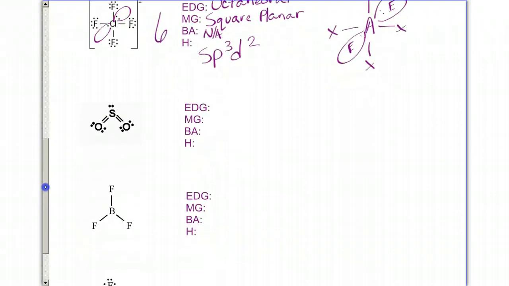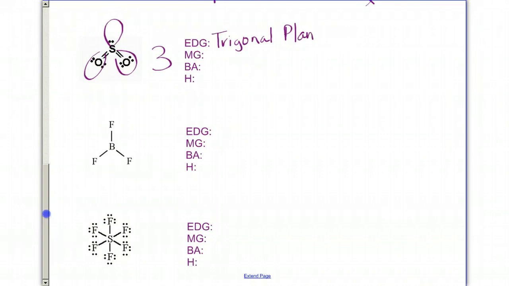Okay, the next one is SO2. Notice again, we do have a lone pair on the top. This has 1, 2, 3 domains. So 3 domains is going to be known as trigonal planar.